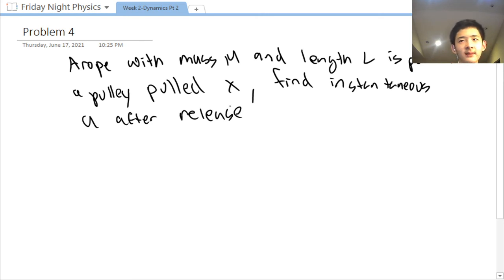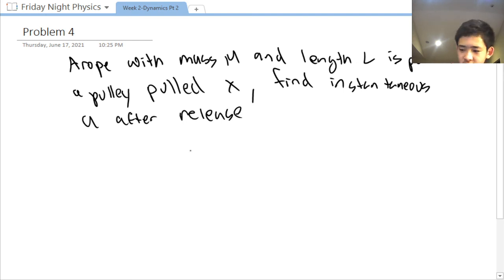So like for a portion that's 1/4 of the entire length, it's going to have 1/4 of the entire mass. So using this, we know that since you pull on one end a length x, the other end is going to go up x, right? Since the string isn't going to stretch or anything.